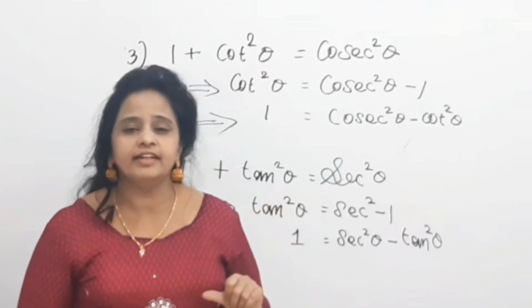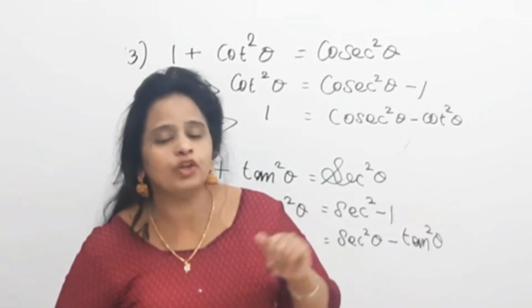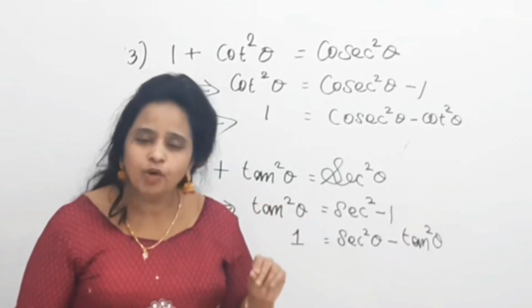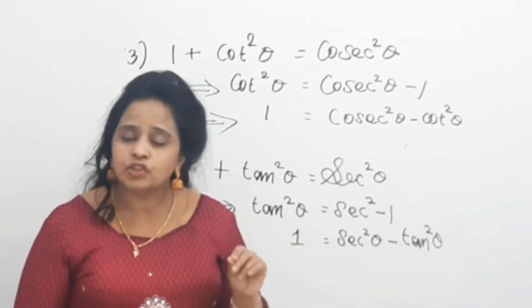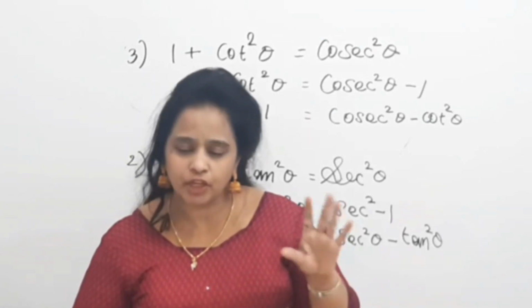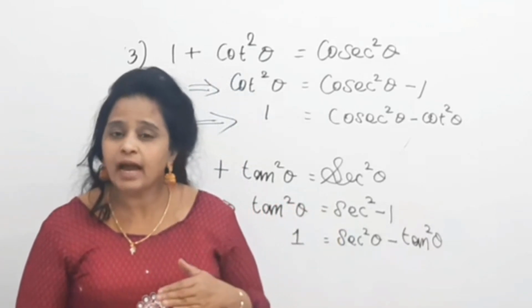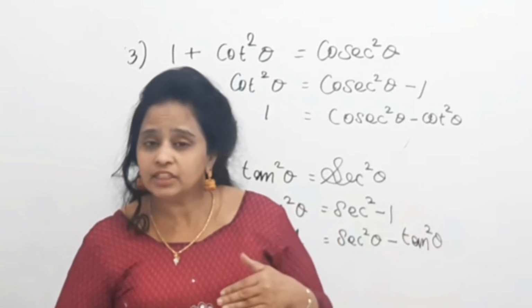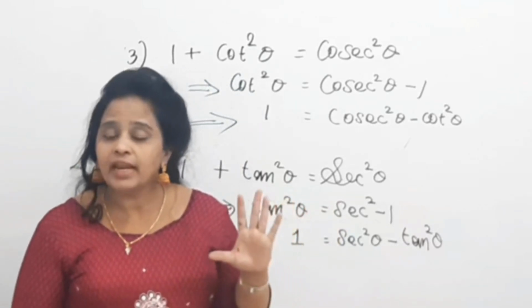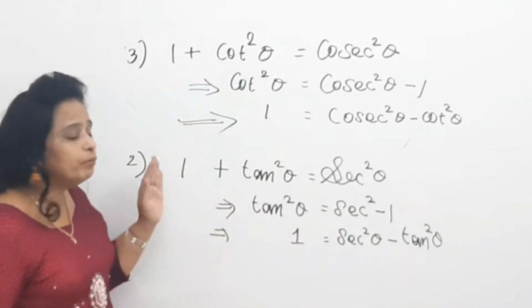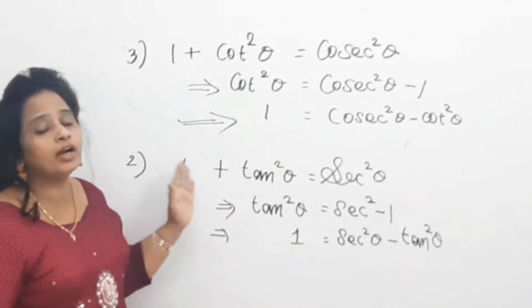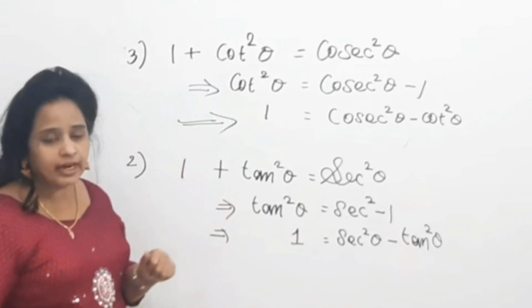And the fifth identity, a minus b the whole cube is equal to a cube minus 3a square b plus 3ab square minus b cube. From this you will have the derived identities also, but these are the main identities from the chapter polynomials that you would be using for proving your left hand side is equal to right hand side.